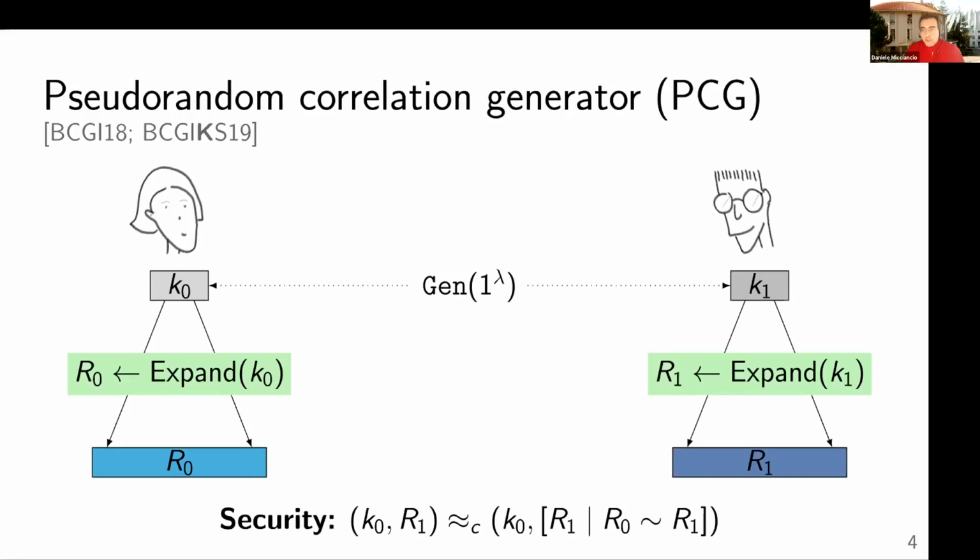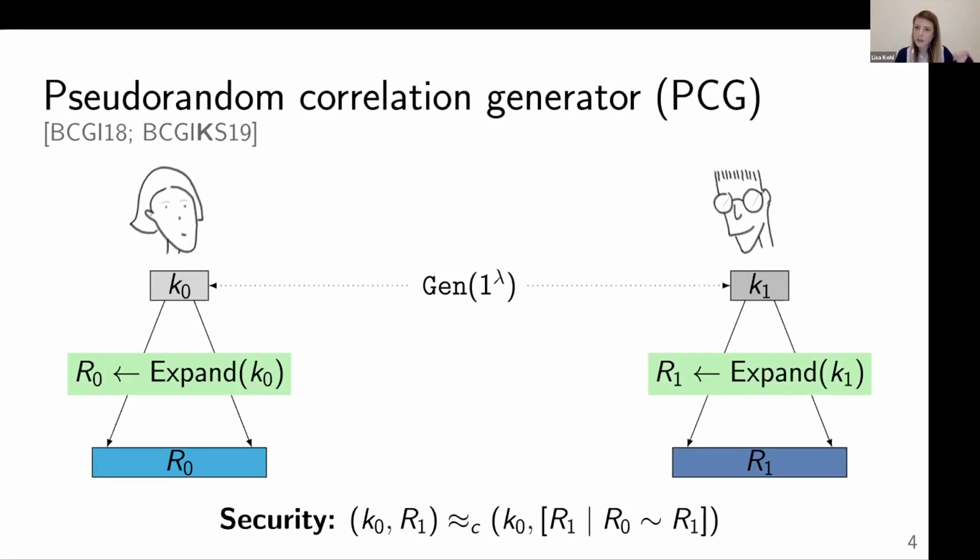So this relation is given to you separately. There is a relation between R0 and R1, which is defined implicitly by the two expand functions and the execution of Gen1. I should have explained this differently. The correlation is given ahead of time, and then you find a PCG for that correlation.